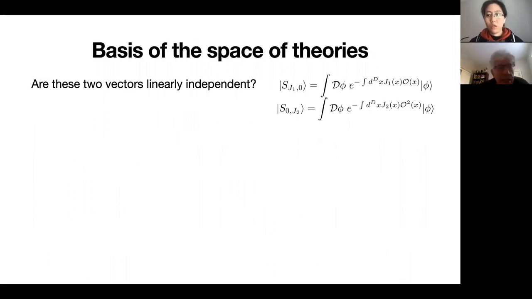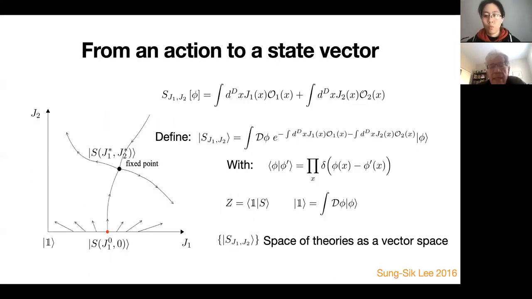I think Hongliu's question is whether this S_{J1,J2} is a complete action. Yes, I think I should add an S0 here.